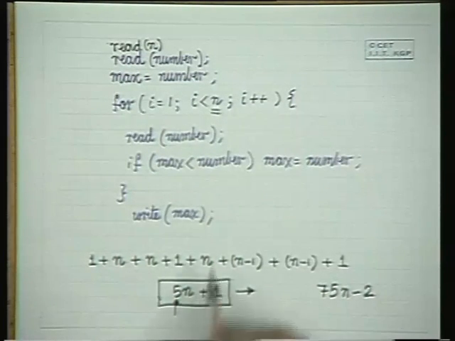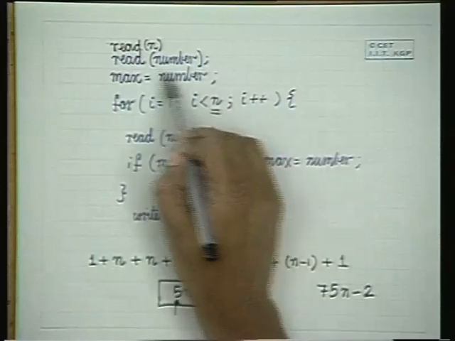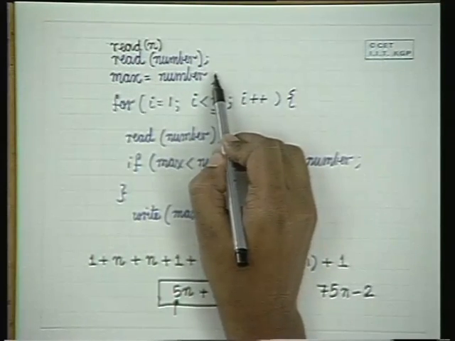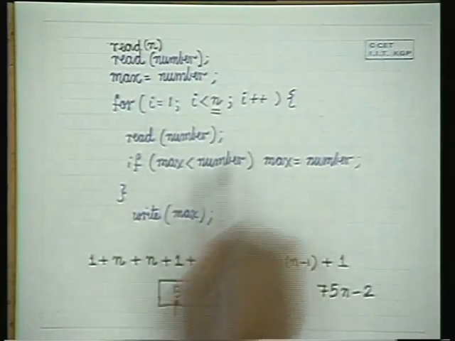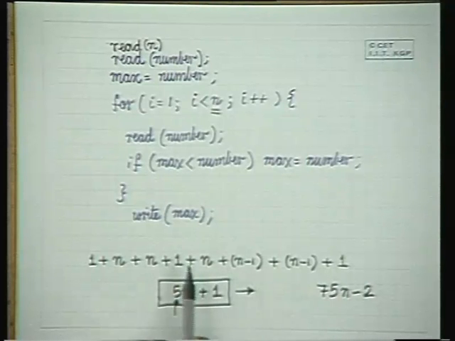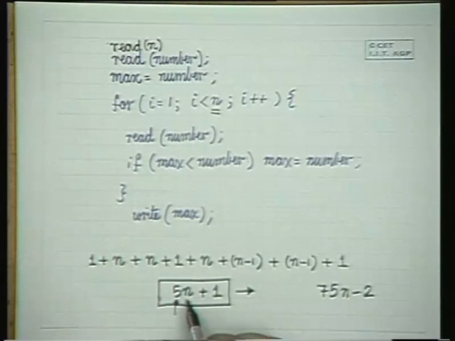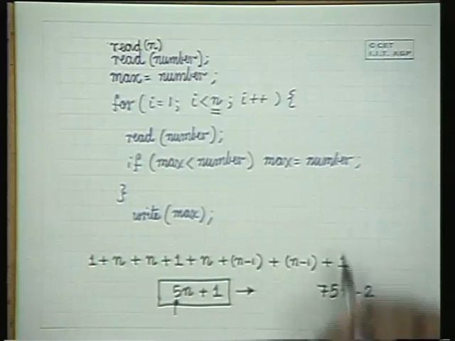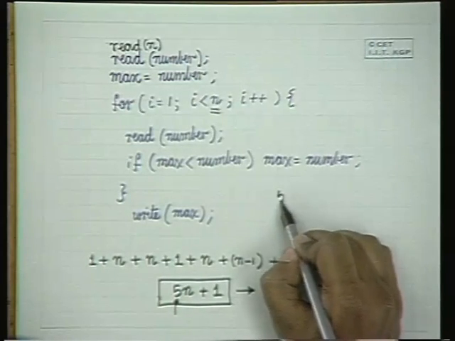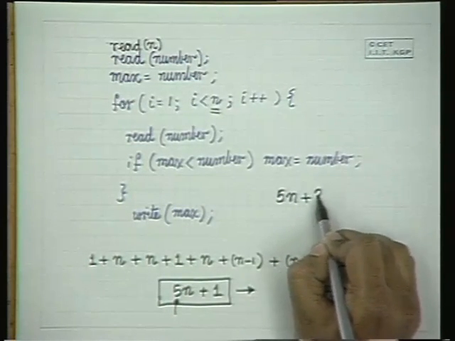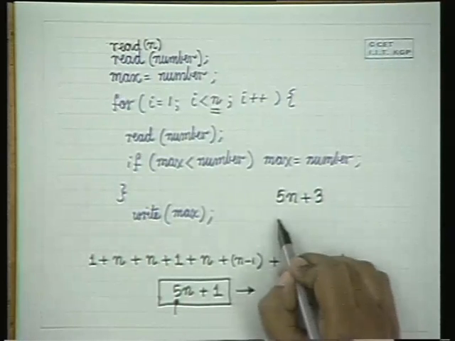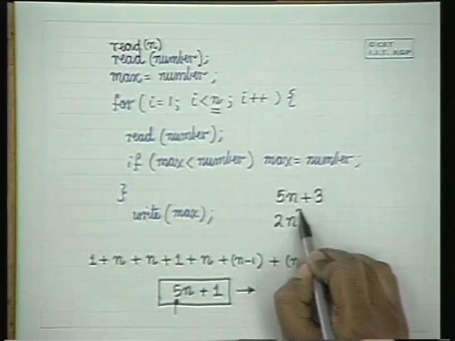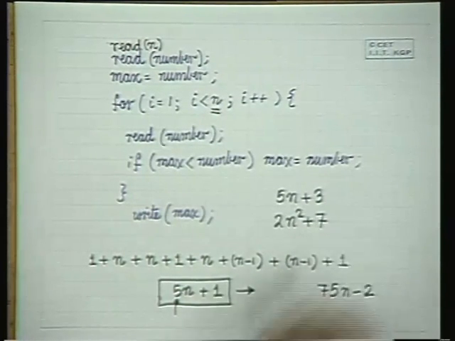On two machines, in one maybe this assignment goes slower and in another one the read statement goes slower, then one program may run faster in one computer and the other one may run faster in the other computer. But if one has got n here and suppose somebody has got 5n plus 3, another program has got 2n square plus 7.